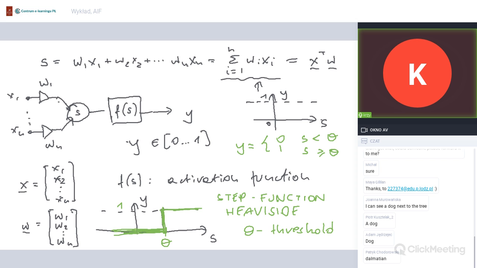And this neuron with a step activation function has a very fancy name: perceptron. A perceptron is a neuron with a nonlinear step activation function.